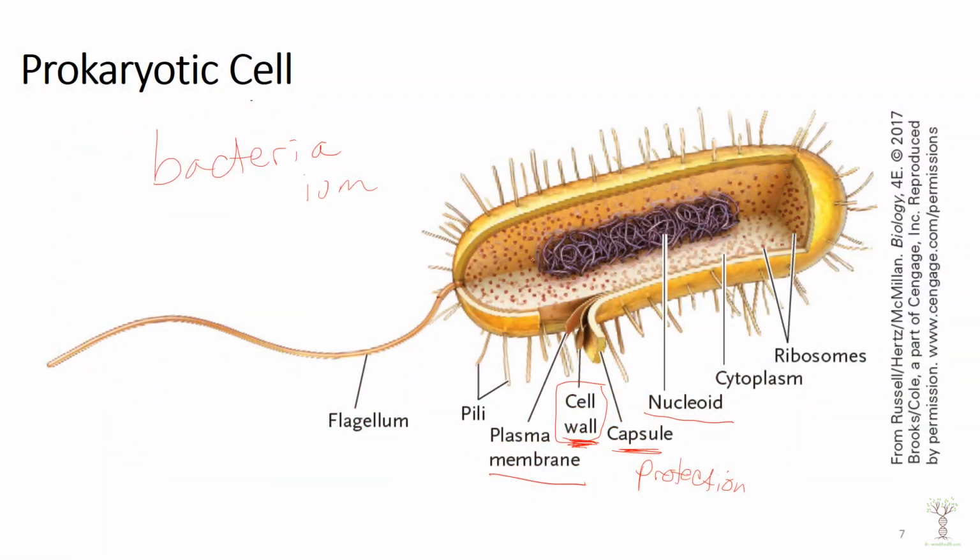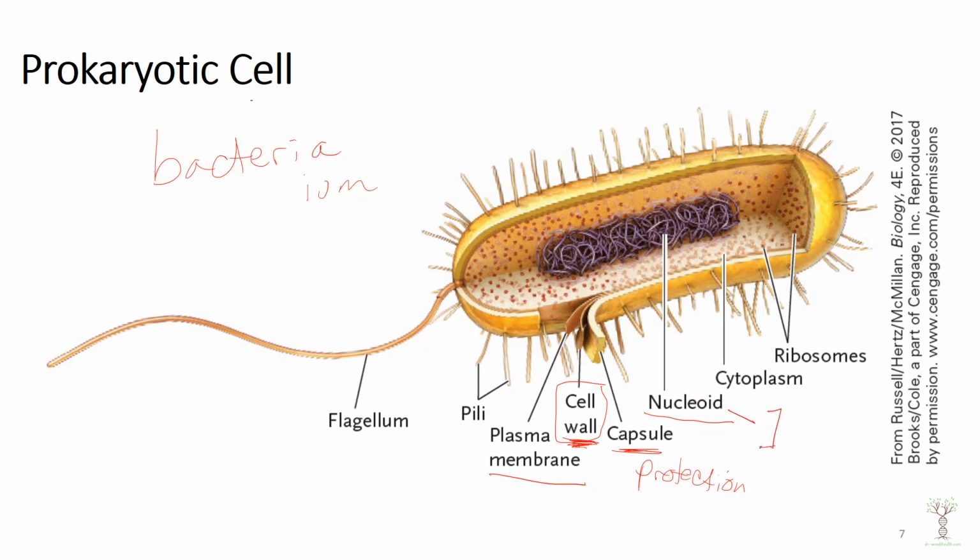Bacterial organisms don't have organelles inside the cell that are surrounded by a membrane. Eukaryotic cells do. So in bacteria, they don't have a nucleus. We have a nucleus in all of our cells that contains our DNA. So in bacteria, the DNA is in this nucleoid region.